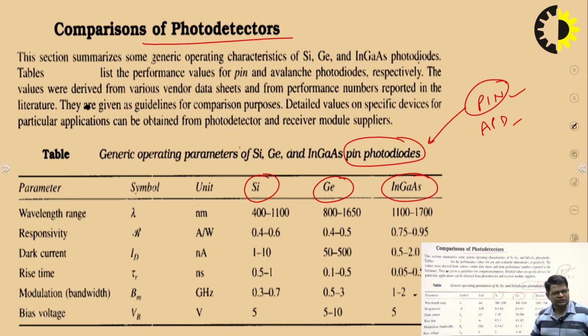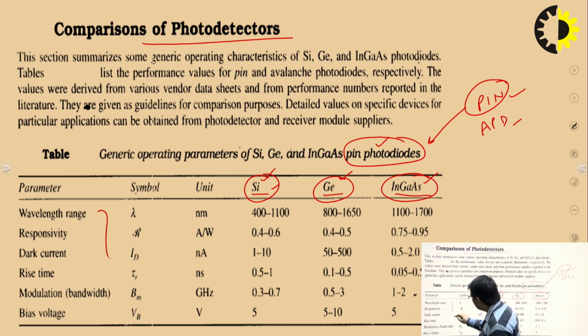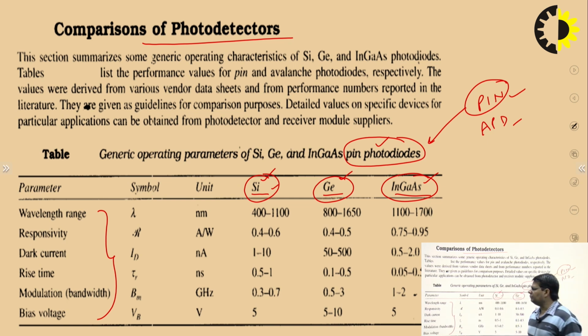So, basically in the first comparison table we are talking about the performance of PIN photodiode based upon various materials: silicon, germanium and indium gallium arsenide. Now, we will compare the performance of the PIN photodiode made up of silicon, germanium and indium gallium arsenide based upon these performance parameters. First comparison parameter is wavelength range, the operating wavelength.